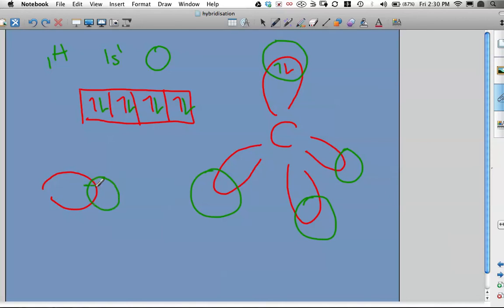And this direct overlap is known as a sigma bond. And the sigma bond is what you have traditionally thought of as a covalent bond before. Head-to-head, direct overlap of atomic orbitals.